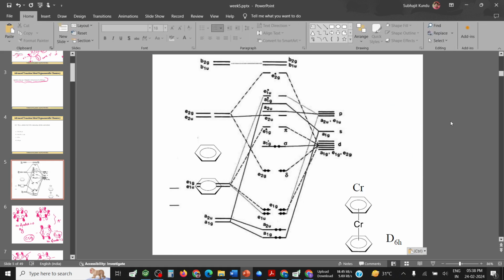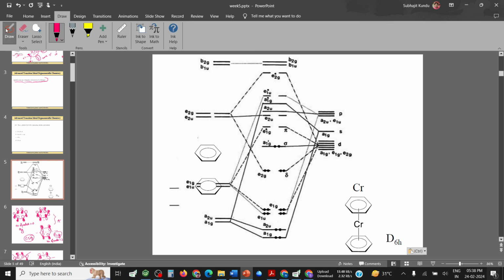So this is our molecular orbital diagram for our bis arene metal complexes. Here we are considering the chromium complex with the electron filling, the point group being D6h.